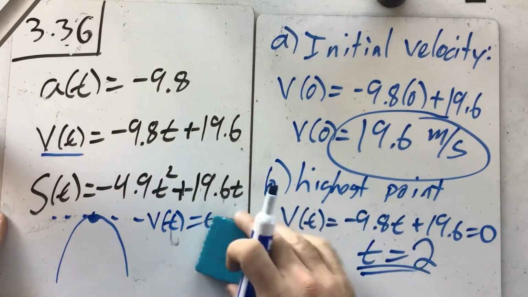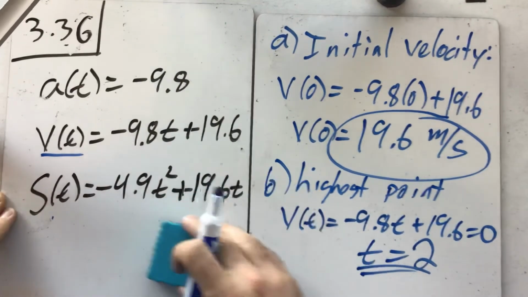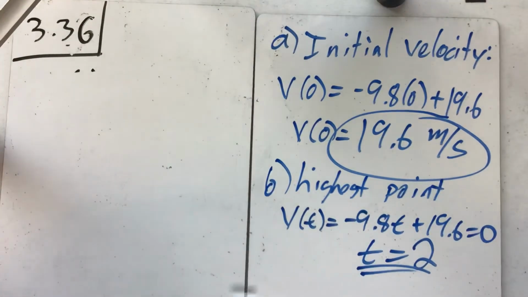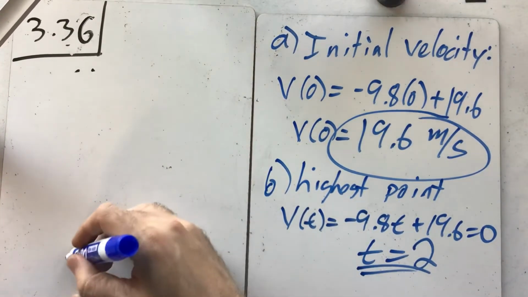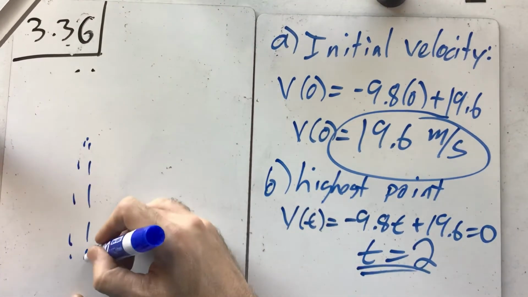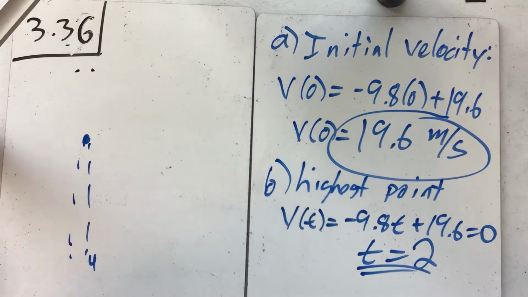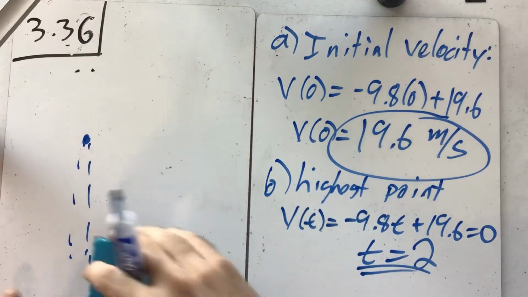Now I have one last thing to do on part B. And the last thing to do on part B is to figure out what is that actual height. By the way, it shouldn't be surprising that the highest point was at t equals 2, because it went up and came back down and landed 4 seconds later. The halfway point in its flight was 2 seconds, so it shouldn't be surprising that 2 was the answer.